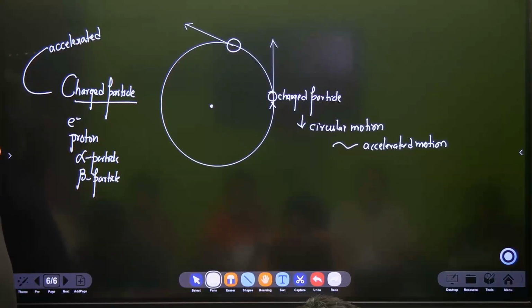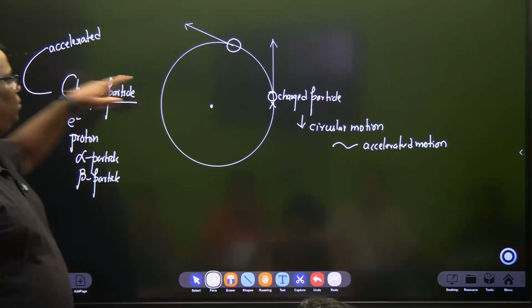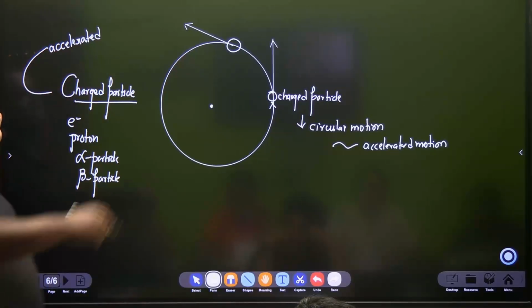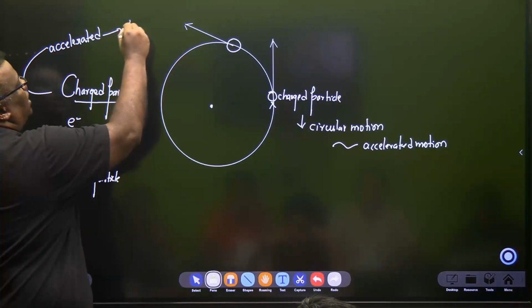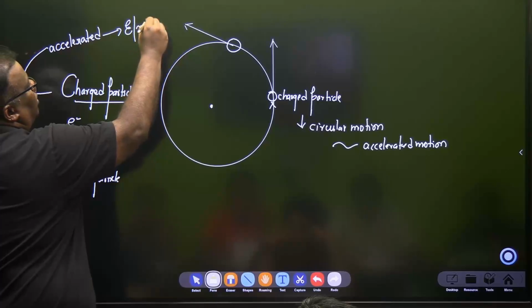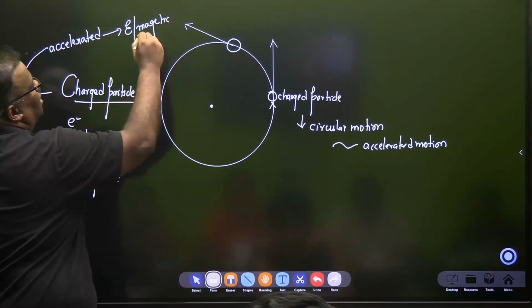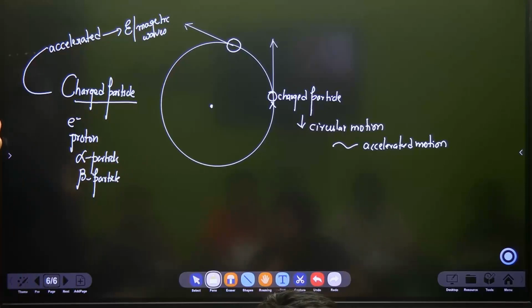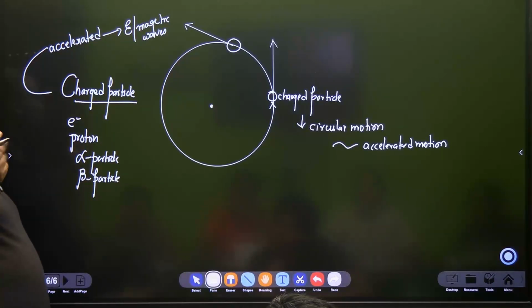You cannot take anything because that will spin out there. So a charged particle undergoing circular motion is accelerated. Whenever a charged particle gets accelerated, it will release what is known as electromagnetic waves. And microwaves are a form of electromagnetic waves you have studied. So that's why in a microwave oven you cannot take anything metallic.